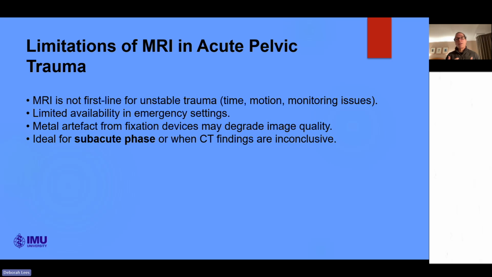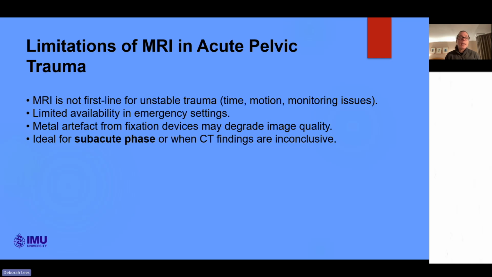So if the person's gone straight from ED, they've had a CT scan, they've gone up to theatre, they may have had something done, then we want to do a delayed MRI scan. If we've got a frame on the pelvis, which is pins into the pelvis to hold it steady, sometimes we get artifacts from that. So what we currently do now is we use ceramic pins and carbon fiber rods to make a frame to hold the pelvis, but not every unit has that equipment. So again, you've got to be sure that what you're using is MRI compatible.